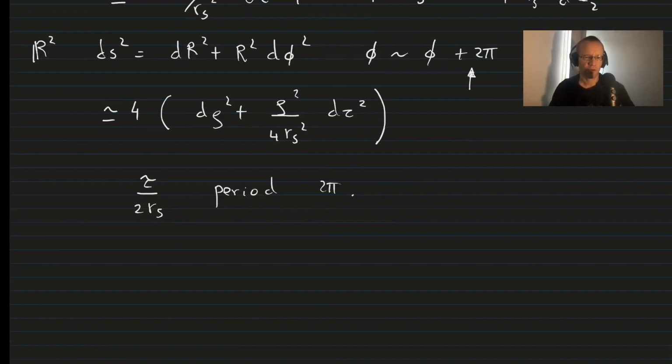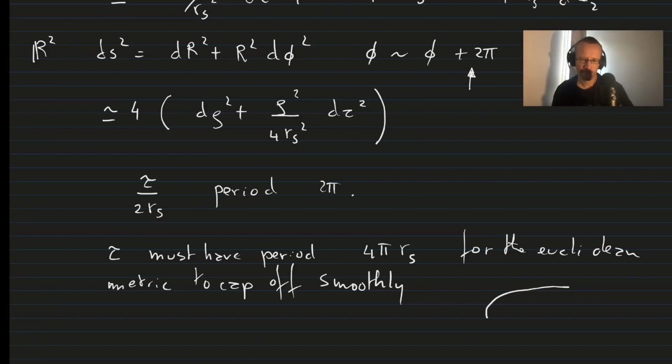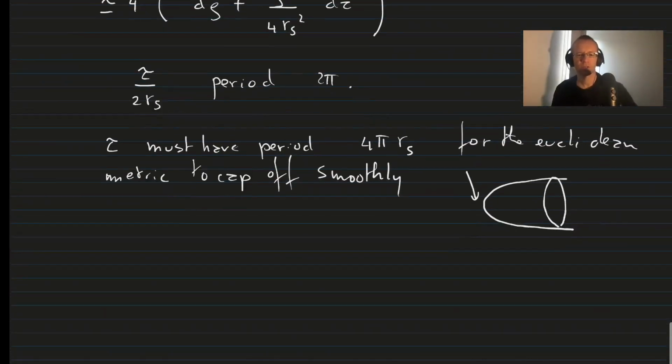Therefore, tau must have period 4 pi Schwarzschild radius for the Euclidean metric to cap off smoothly at the former horizon, which is at rho equals 0.